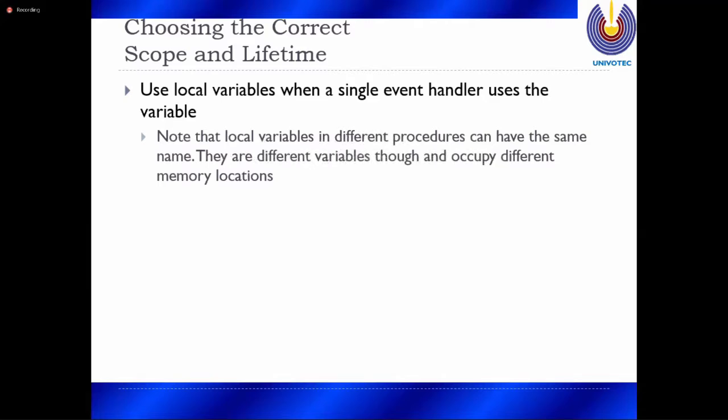Note that local variables in different procedures can have the same name. Okay, you can use the same name in different places because the variable is only used in that particular procedure; that's a local variable. Then you can use the same name in another place also, in a different procedure. That's local. They occupy different memory locations also.